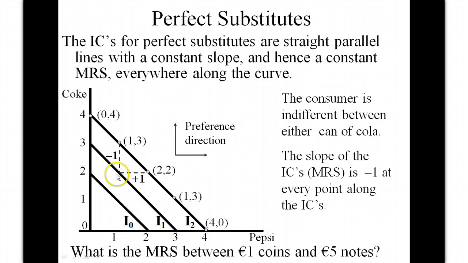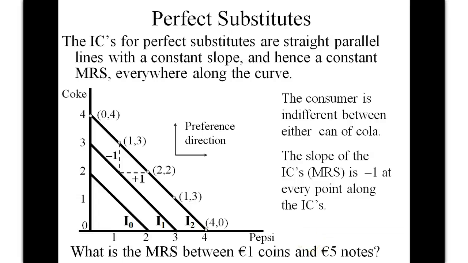So parallel straight lines. Of course, the marginal rate of substitution for perfect substitutes doesn't have to be -1. In this instance, it's a one-for-one swap. A 330 ml can of Coke versus a 330 ml can of Pepsi. But maybe €1 coins and €5 notes will be perfect substitutes. You offer or owe somebody a fiver, they'll be largely indifferent between whether they get 5 €1 coins or 1 €5 note.